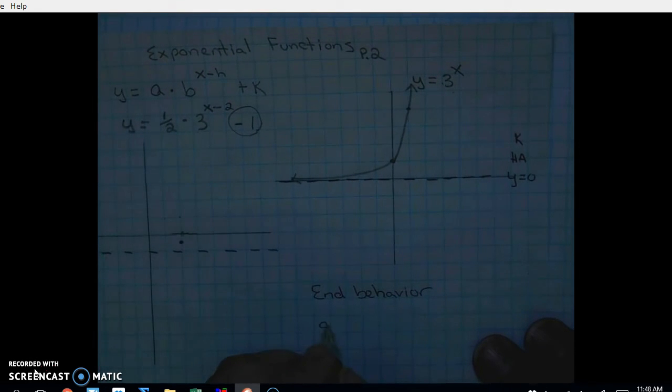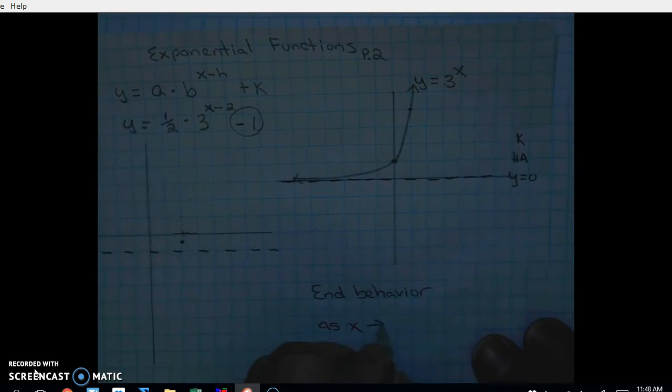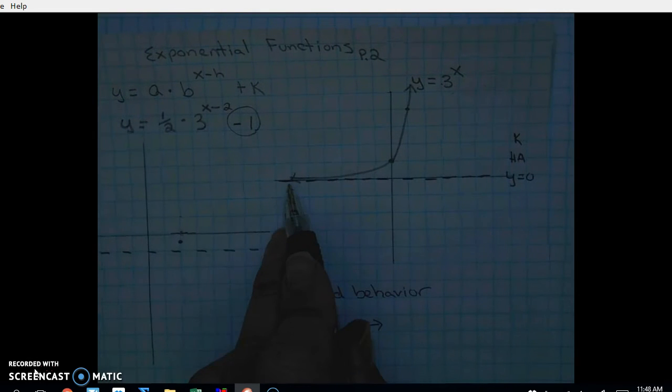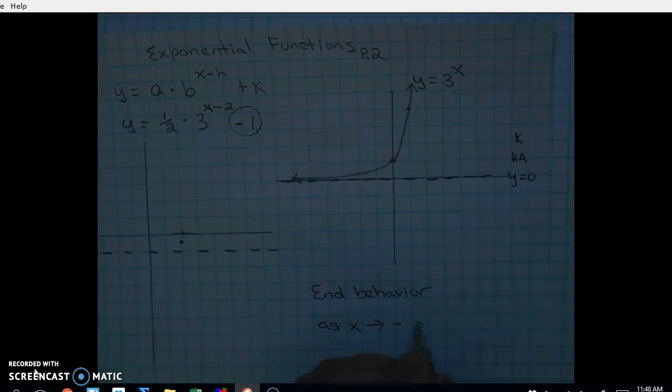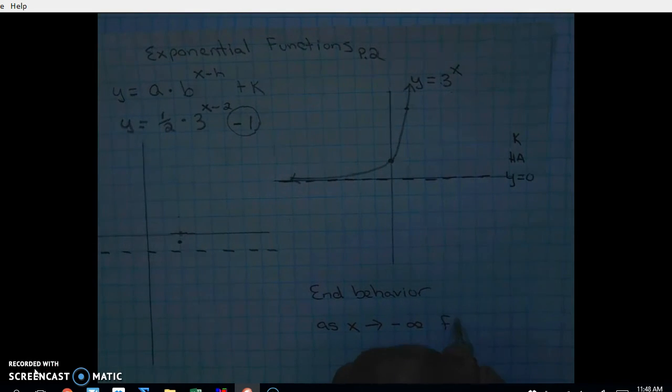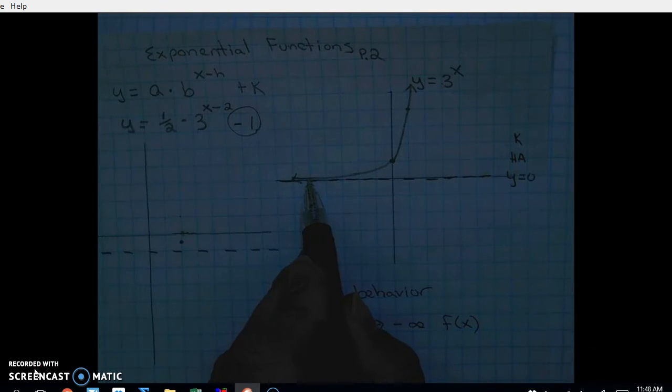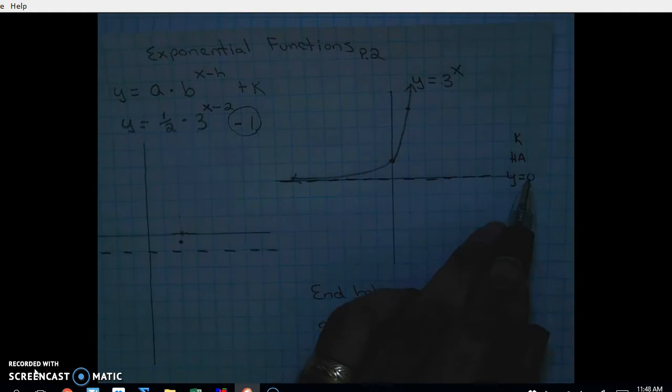So as x approaches negative infinity, going to the left, f of x, which is your y, is approaching your asymptote, which in this case is 0.